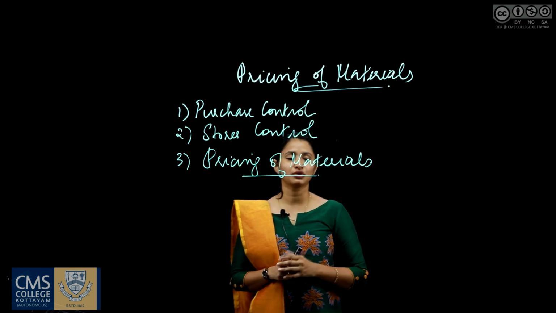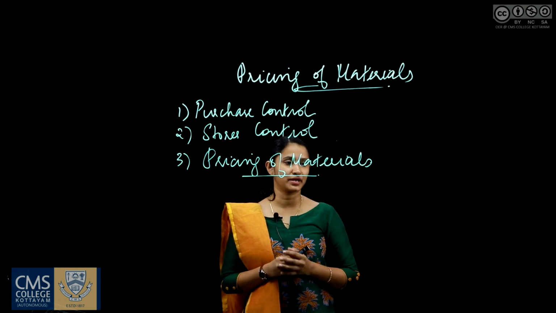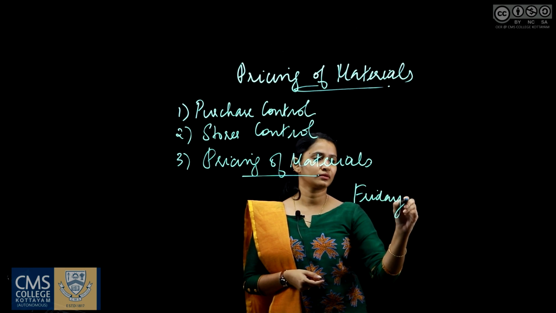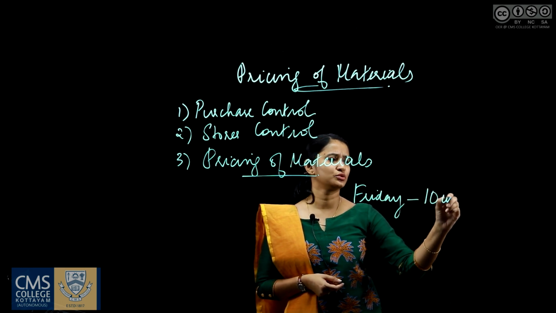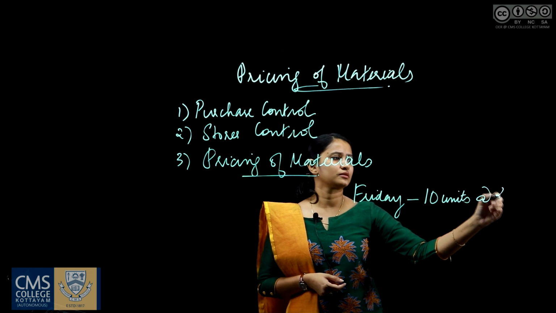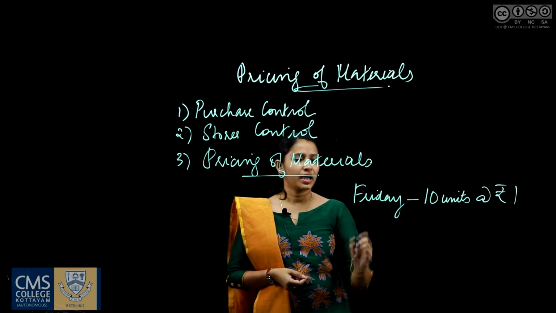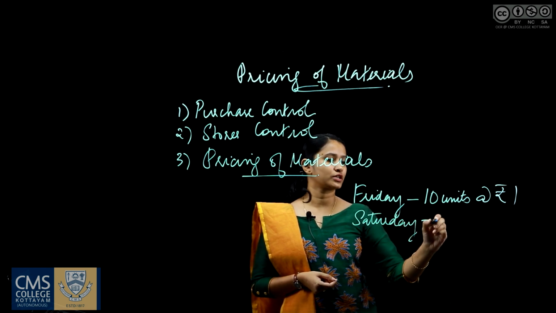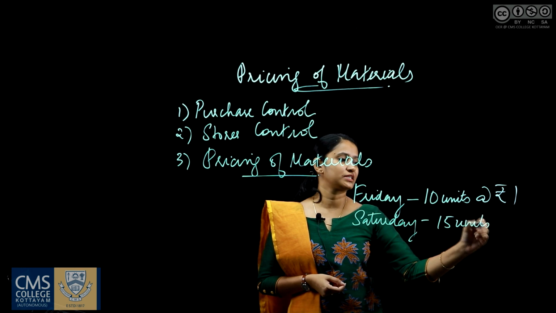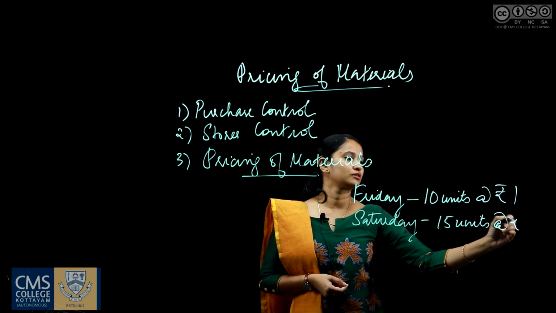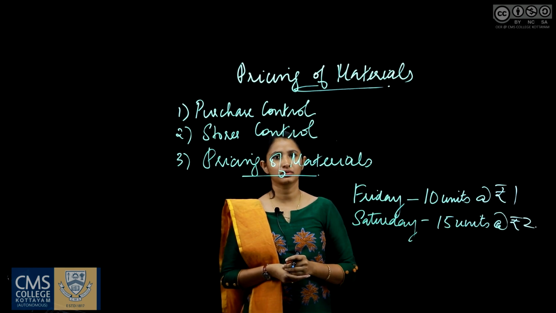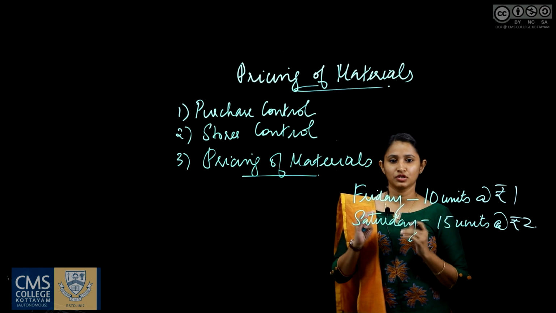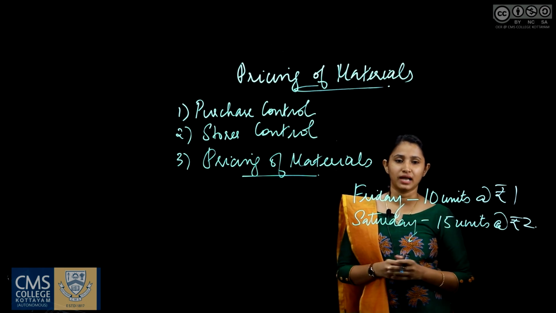Imagine that you are a costing clerk or a stores manager, and on Friday you bought 10 units of raw materials at rupees 1, and then on Saturday you bought 15 units of your raw materials at rupees 2. So these are two lots of stocks which you have purchased in the last week.